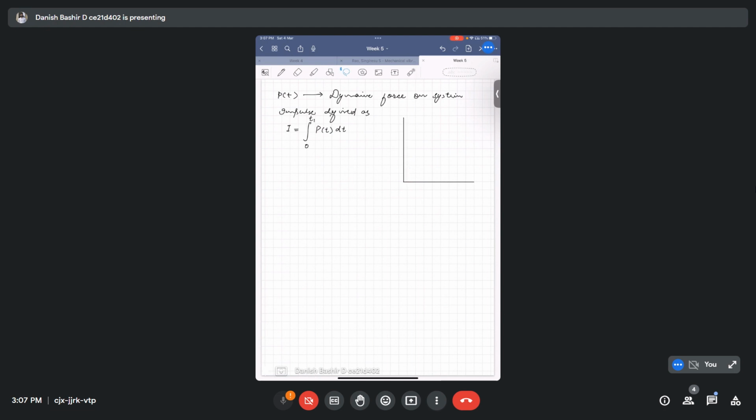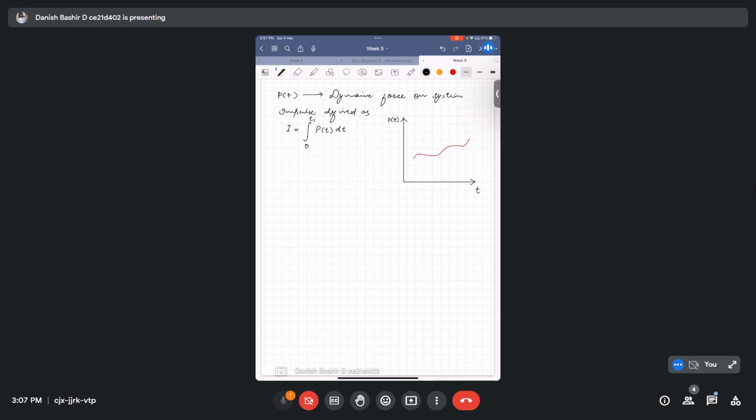We have some impulsive force acting like this, P of t, with some variation that we don't know.